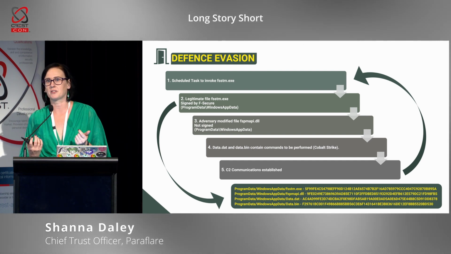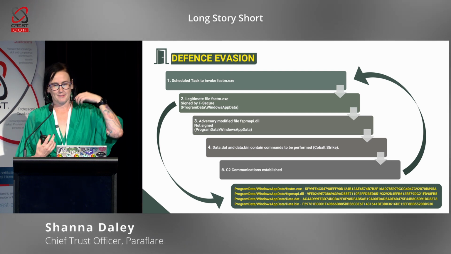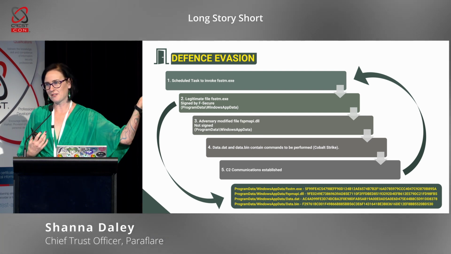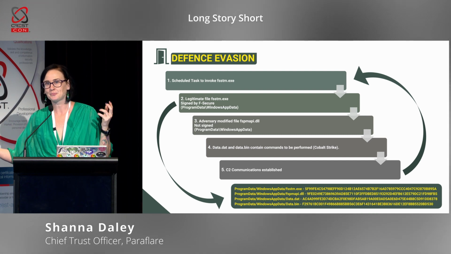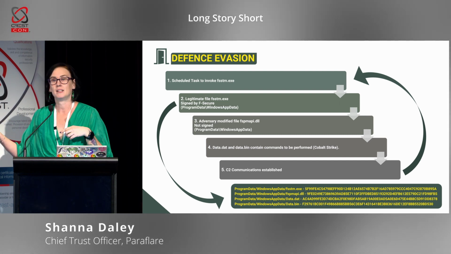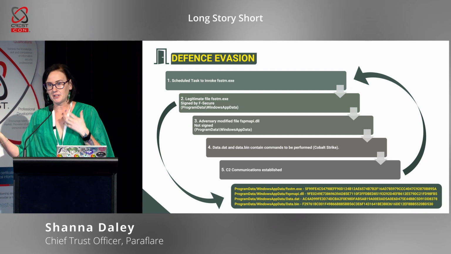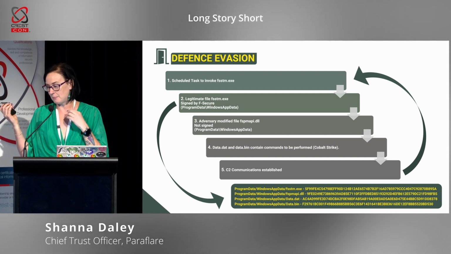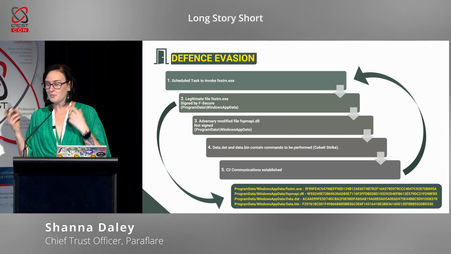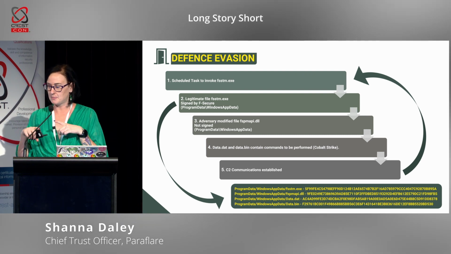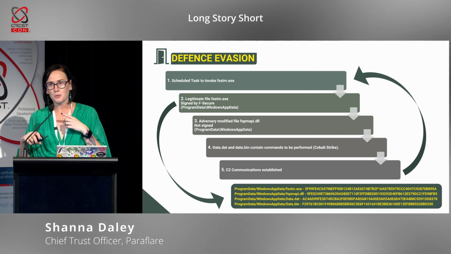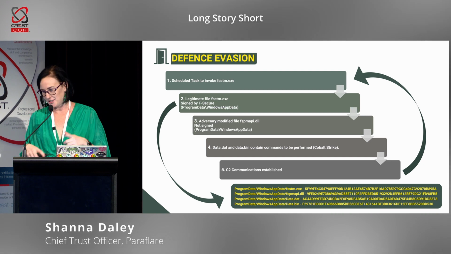So those DLL files are not necessarily signed or secured. So that valid F-Secure binary is calling a DLL file, which has got a valid name, because the F-Secure binary knows it's got to call the FSP mapi.dll, but that FSP mapi.dll was actually then changed.